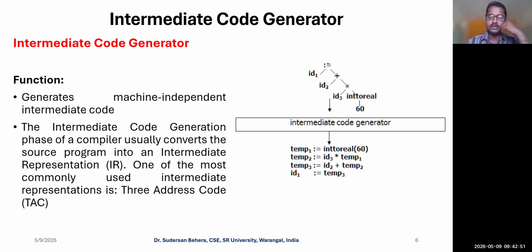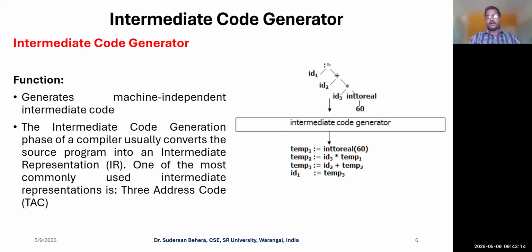What is the next phase? Can you tell? The next phase of the compiler is code optimization. As I said before, code optimization is of 2 types: machine dependent code optimization and machine independent code optimization.